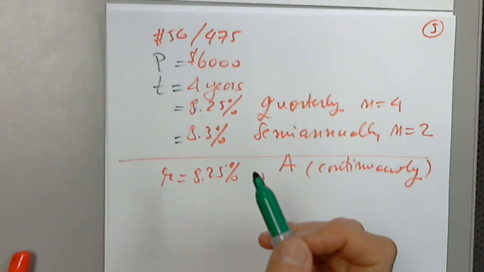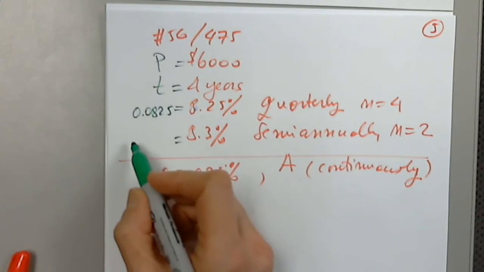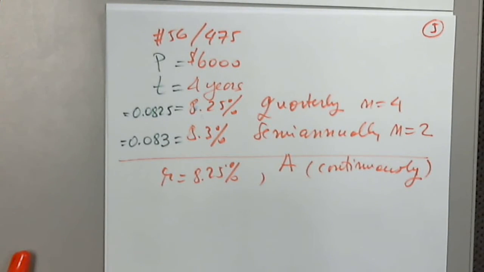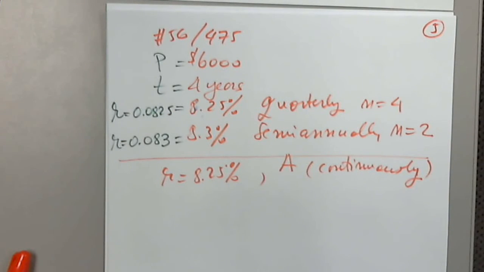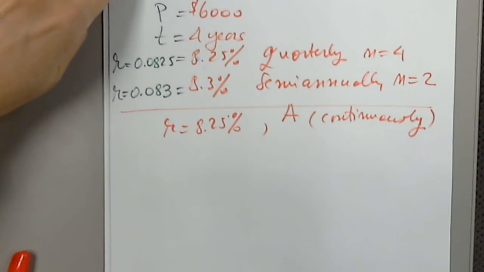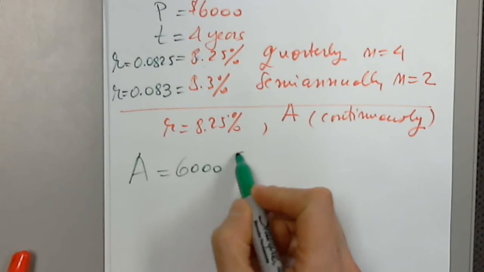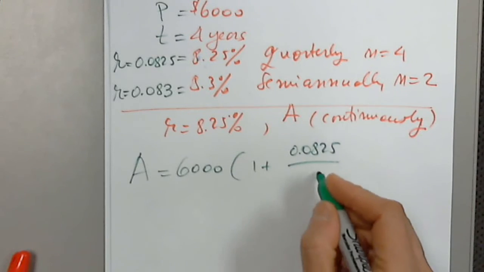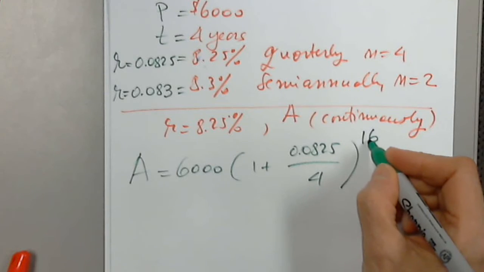Now we cannot use percent in these formulas. So I have to change it into 0.0825 and I have to change it into 0.083. But what does this represent? The rate. Very good. So one rate is 0.0825 and the other one 0.083. Now I'm going to put everything in the formula, which is 6,000, 1 plus 0.0825 divided by 4, and the power of 4 times 4, which is 16.